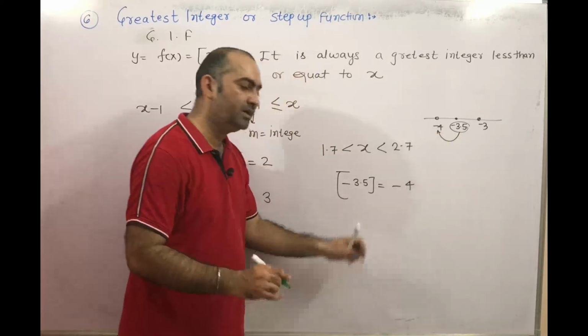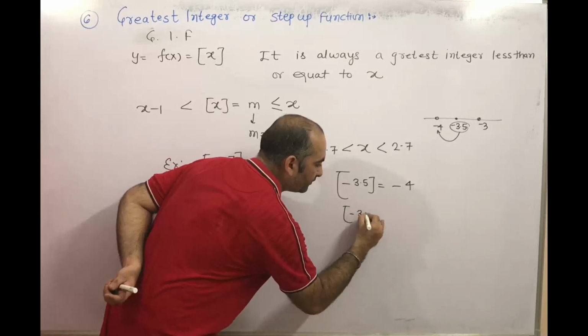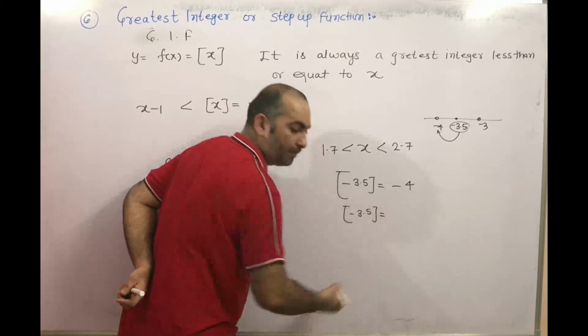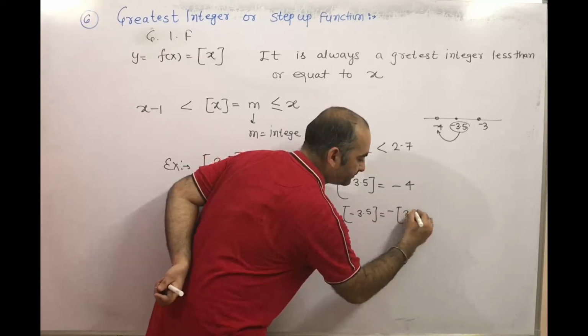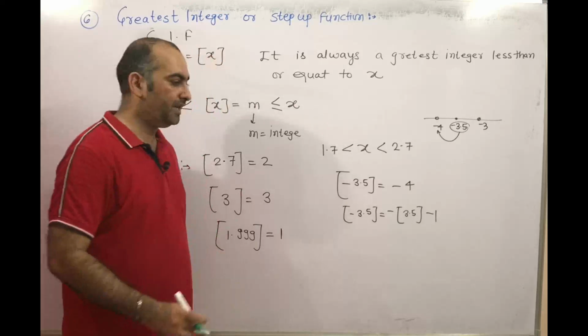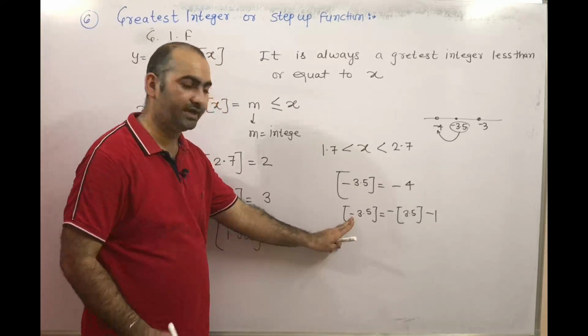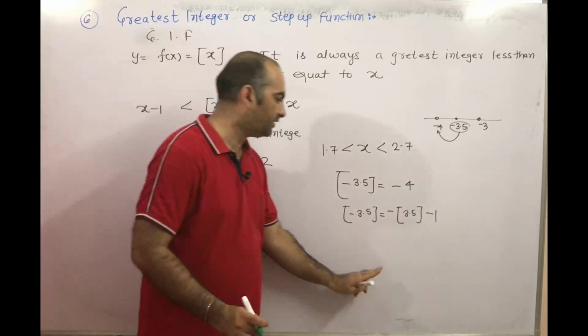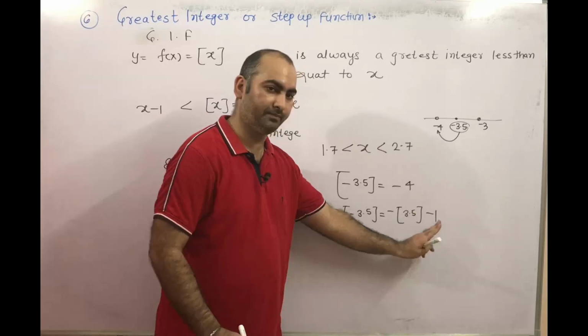One more way we can write this. The greatest integer of minus 3.5 we can write as minus of the greatest integer of 3.5, minus 1. That means whenever we have a negative number, we can put the minus outside, take the greatest integer of the positive number, and subtract 1.